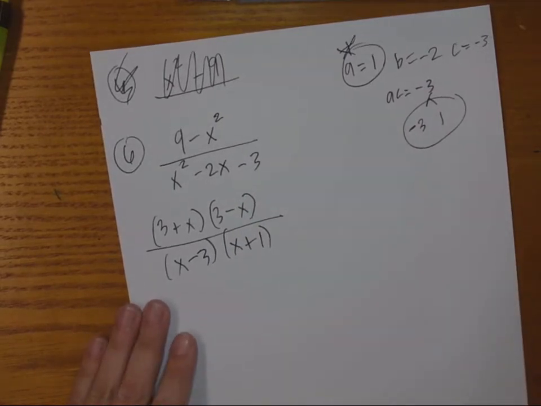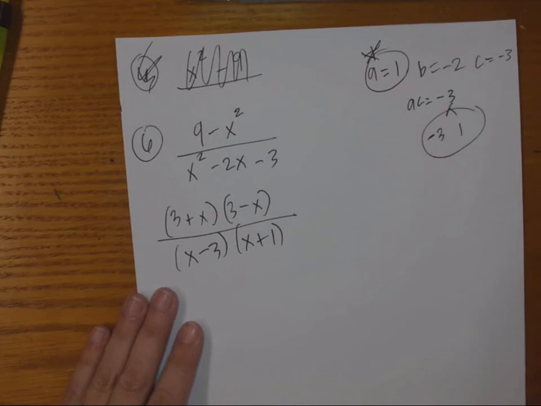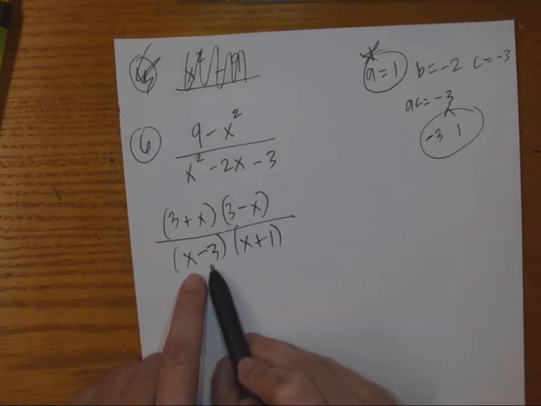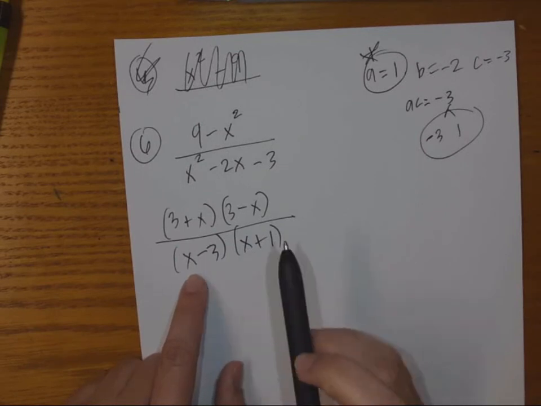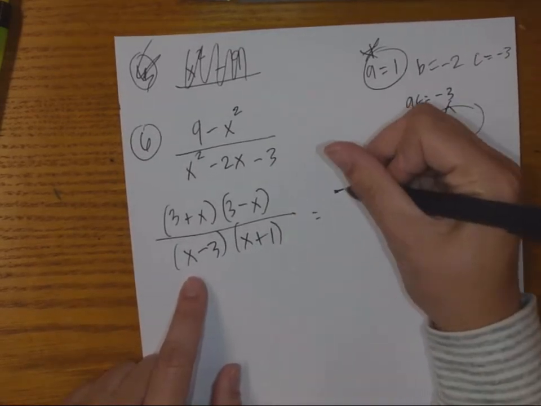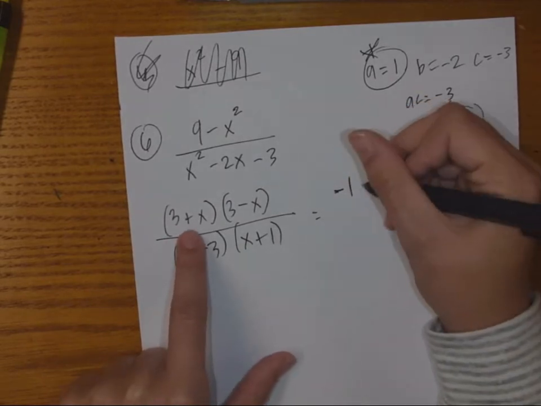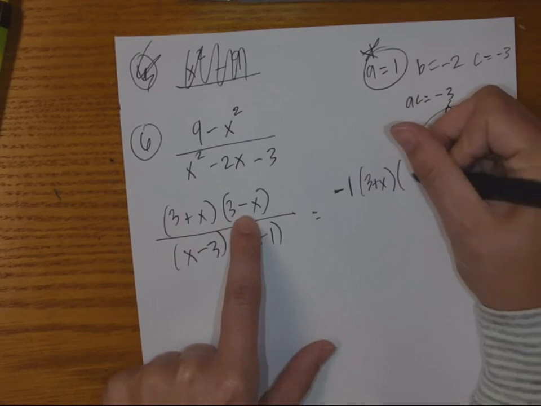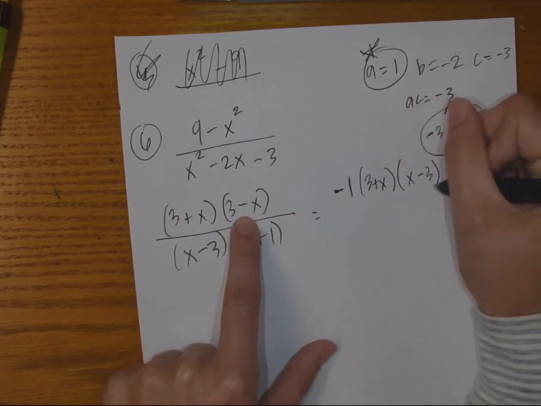Okay, so if you notice, I almost have the same thing here. 3 minus x and x minus 3 is almost the same. It's not the same yet, but it's almost the same. The way I can make it the same is I can factor out a -1 on the top. So when I factor out the -1, I'm just going to rewrite this 3 plus x. Here, this would now be x minus 3.